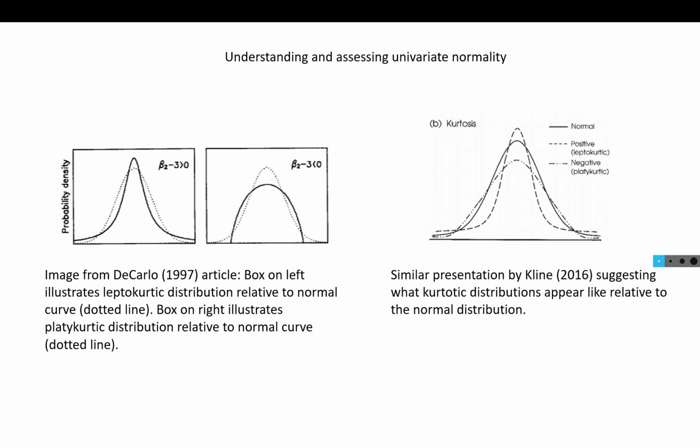You may also see in some textbooks a presentation that looks more like this, coming from Rex Kline's book. In this case, you have the normal curve, which is the non-dotted or full line, and then you've got the positive or leptokurtic distribution and the negative or platykurtic distribution reflected in the various dashed lines.